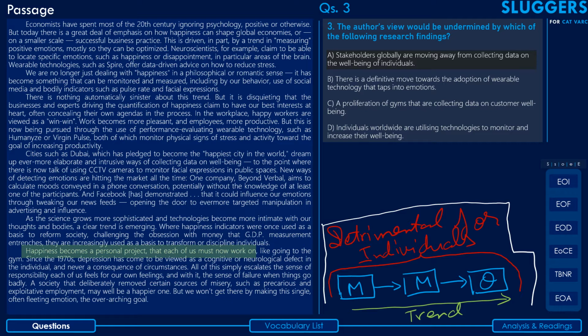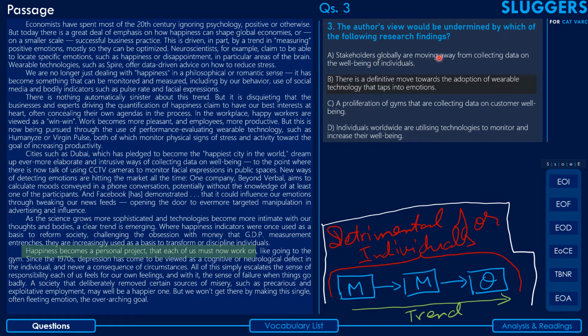Okay, all right, so let's go to the options now. The first option says stakeholders globally are moving away from collecting data on the well-being of individuals. According to the author, there is a trend globally towards measurement, monitoring, and optimization of positive emotions.